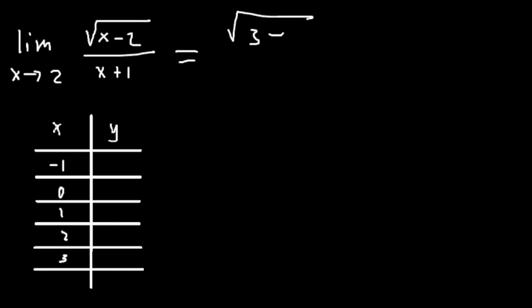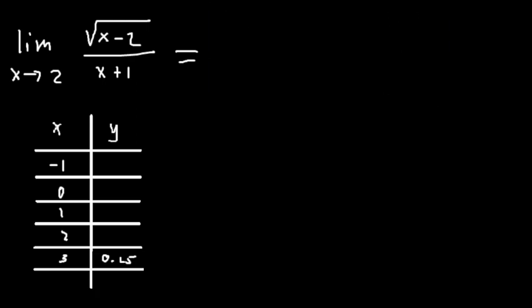Mali pala, it's minus 2, supposed to be minus 2. So, 3 minus 2 is 1. So, it's the square root of 1, which is also equal to 1, over x plus 1. In this case, it's 3, so 3 plus 1 is 4. So, it's just 1/4, or 0.25.